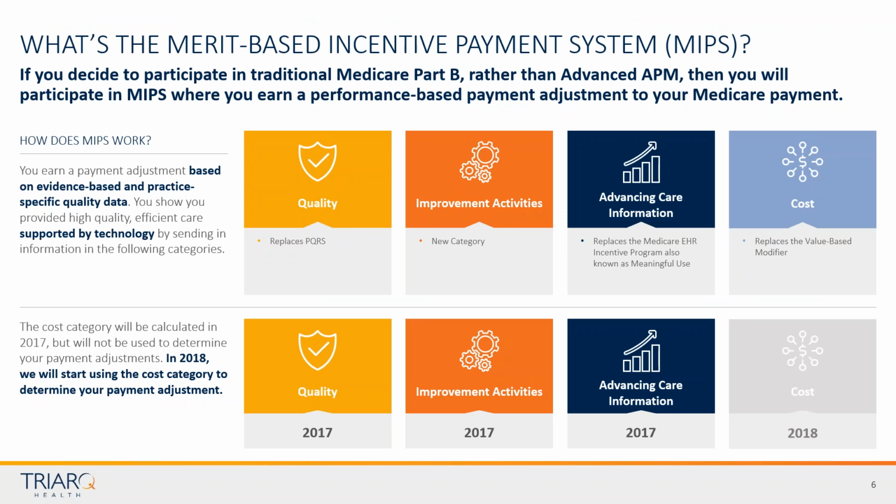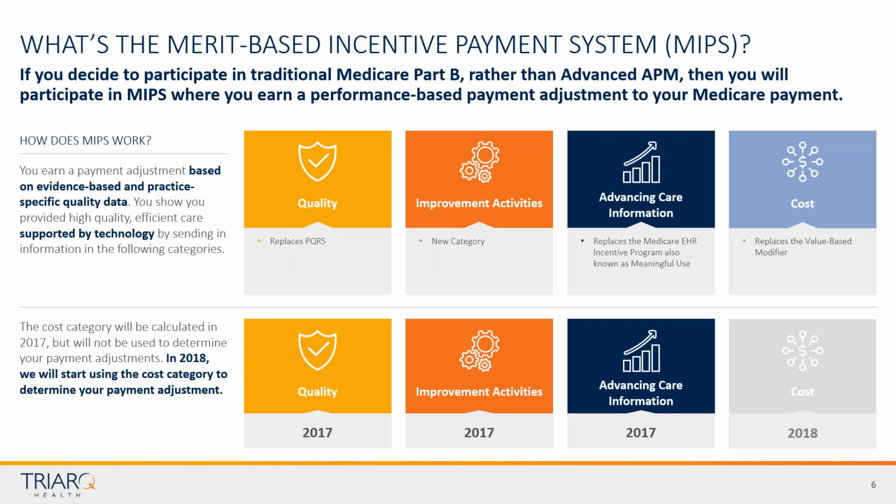Okay, so we're going to dive into each of the performance categories: quality, improvement activities, advancing care information. Obviously, cost is the one we're just going to table for right now. And I think everybody at this point knows that the quality performance category is really based on PQRS. It replaces PQRS. The measures haven't changed.